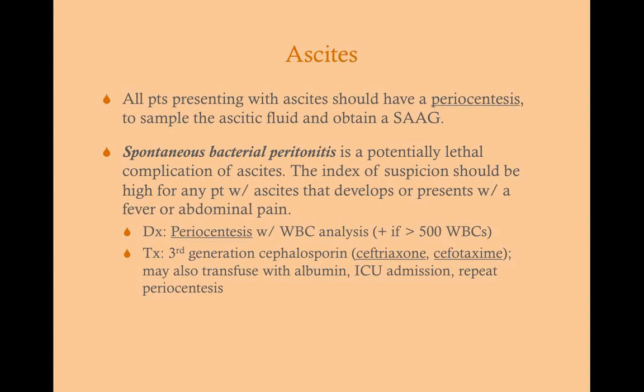Now, if a patient has ascites and they also have pain or fever or any kind of symptom that may look like an infection, low blood pressure, tachycardia, then you definitely are going to need to take a close examination at this ascitic fluid, because spontaneous bacterial peritonitis is a potentially lethal complication of ascites. So the index of suspicion should always be very high in any patient that has ascites with any symptom of infection, especially fever and abdominal pain.